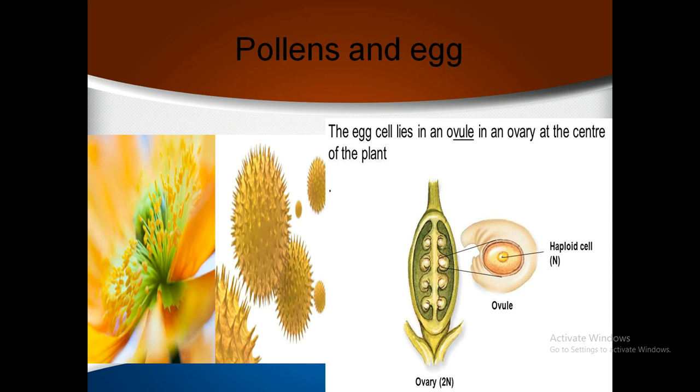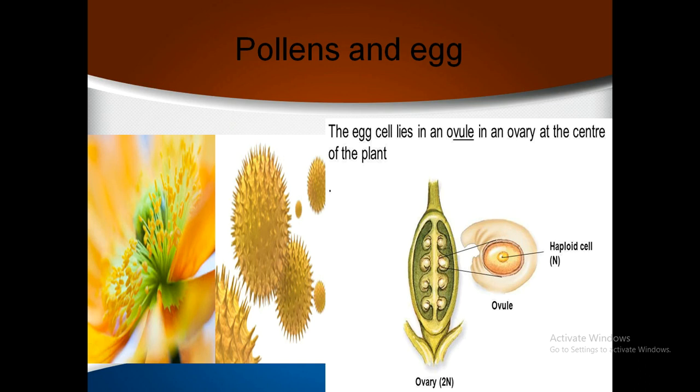Pollens and eggs. In these two pictures, two structures of the flowers are shown. The first one is the pollen. Inside the flower the whole structure is shown, where the anther and the pollen grains are shown, and in the next diagram the microscopic picture of the pollen grains, in which there are some specialized structures, and these specialized structures are for the attachment with the pollinators.